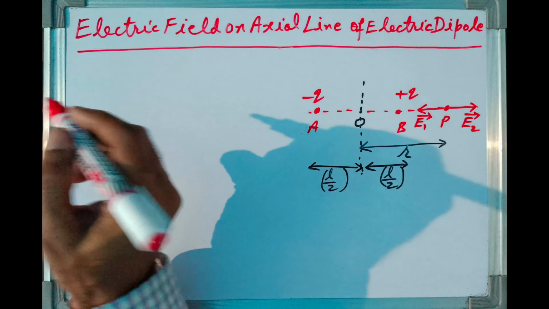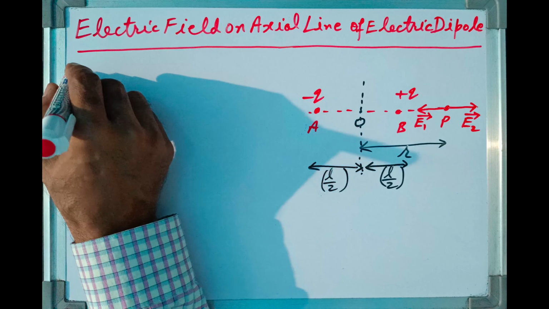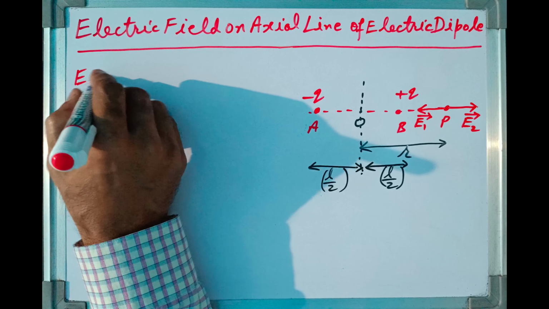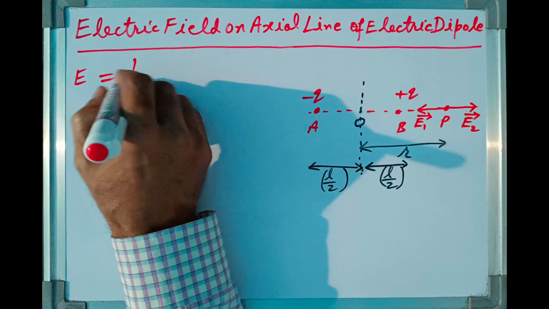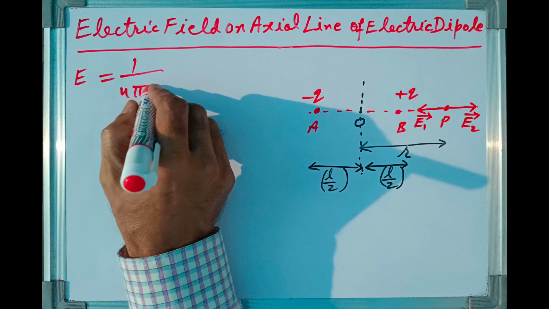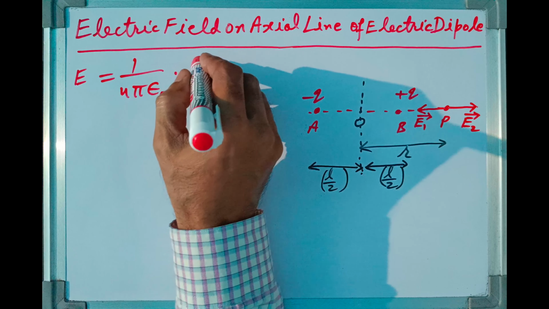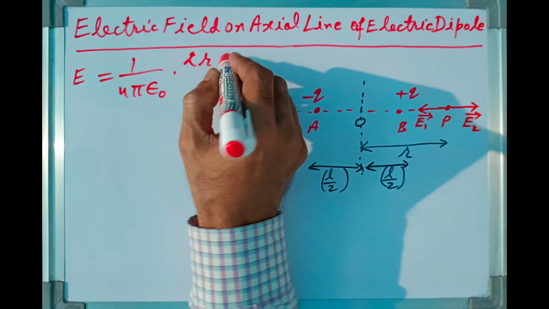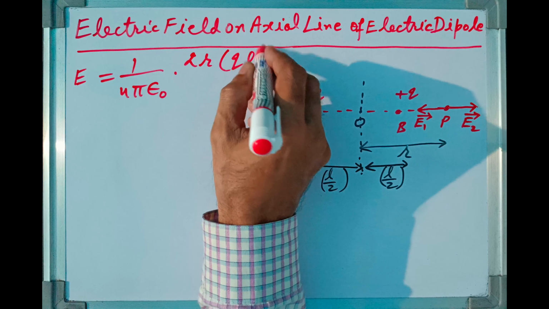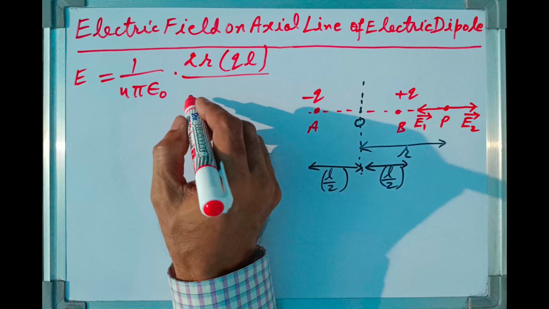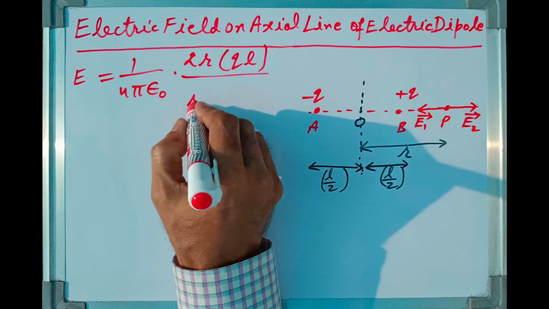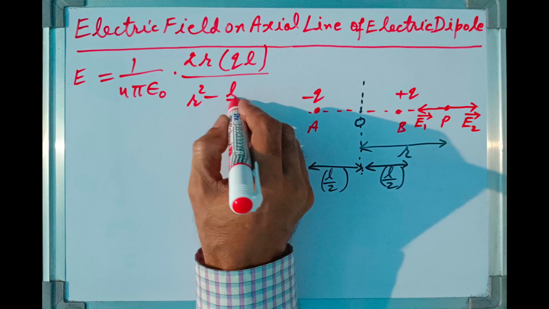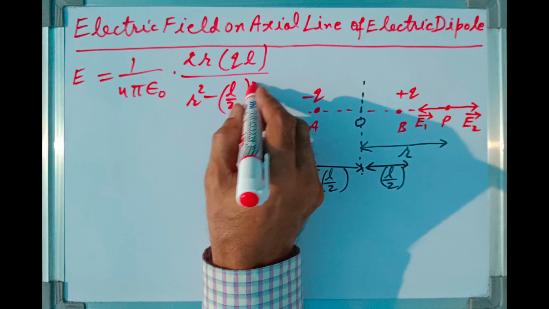After simplifying the previous equation, I can write E is equal to 1 upon 4 pi epsilon naught 2 r Q L divided by r square minus L by 2 square whole square.